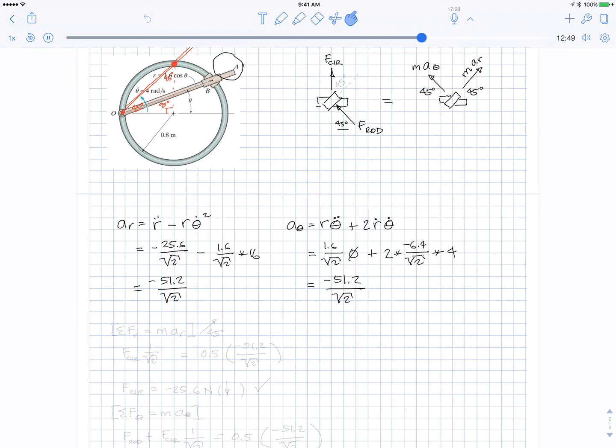Okay, so we're ready. We could either take x and y components or r and theta components, and looking at it, 3 out of the 4 things in the free body diagram are in the r and theta directions. The normal force of the circle is in the y direction, so I'm choosing to do r and theta components because 3 of them are already in those directions.